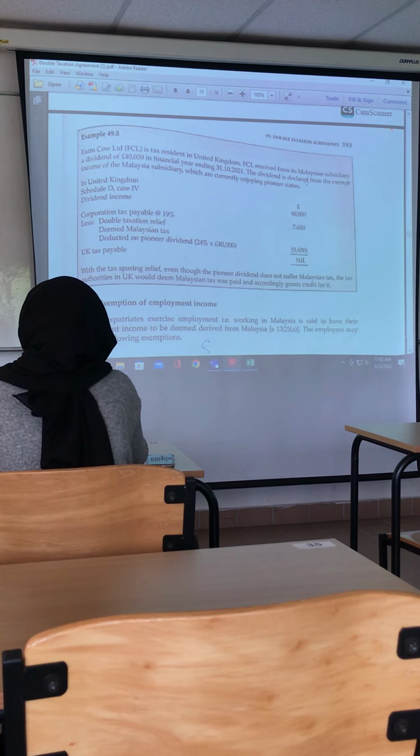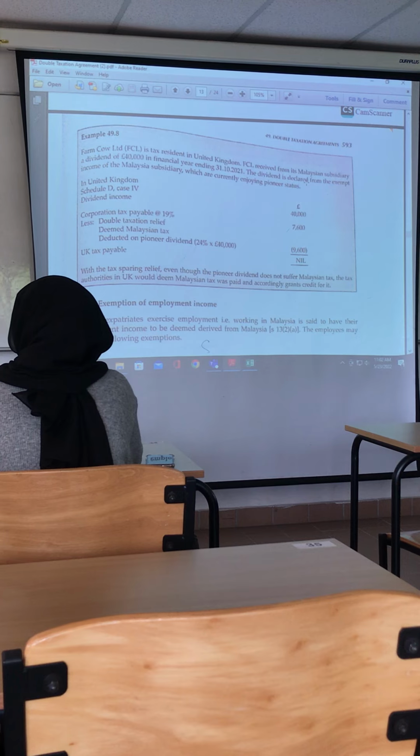But in the UK, the dividend income is still assessed at 40,000 pounds, and the corporate tax in the UK is 19%, but then you have to look at the double tax relief, whichever is lower. So for the double tax relief, the Malaysian tax is on the 24%, so 9,600 is given as a relief.